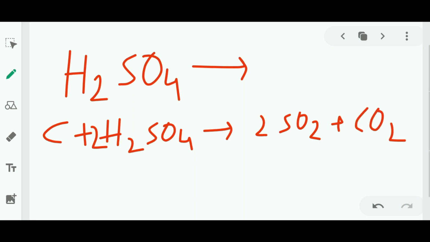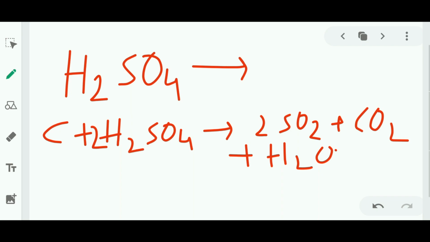Oxidizing property of H2SO4: concentrated H2SO4 oxidizes hydrobromic acid and hydroiodic acid into bromine and iodine respectively. Hydrogen sulfide is similarly oxidized to sulfur.